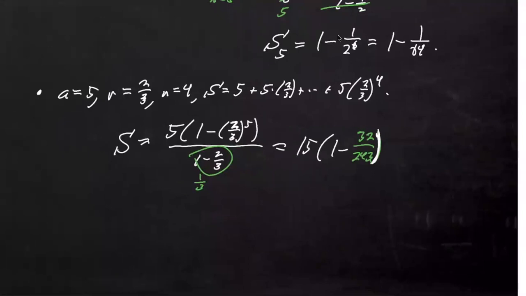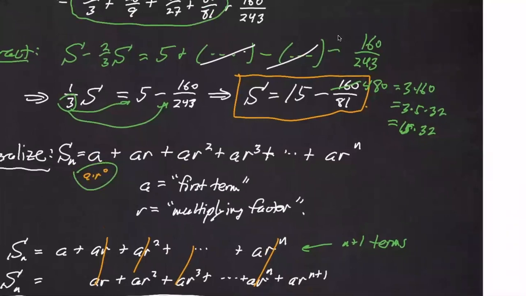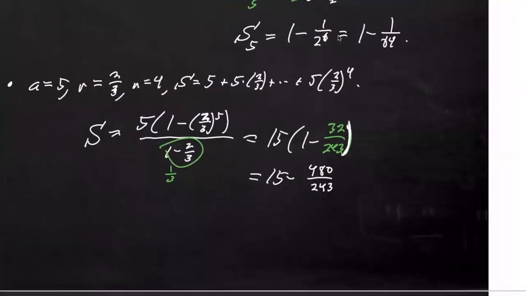So this ends up being 15 minus 15 times 32, which I had up there was 480 over 243. I have just completely, oh my God. I'm really screwing everything up. Wow, this is a bad video now.